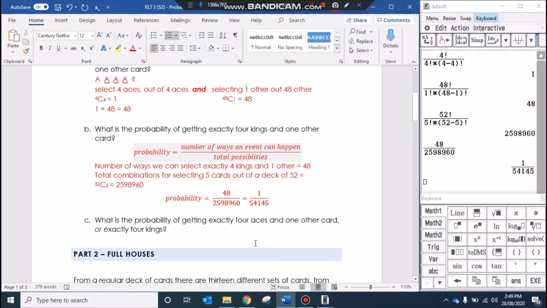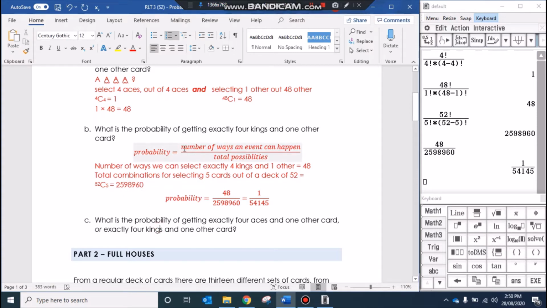That wasn't mentioned, but it's implied, or exactly 4 kings and one other card. So we're still selecting 5 cards in total, so the total possibilities for selecting 5 cards out of a deck of 52 is going to stay the same.